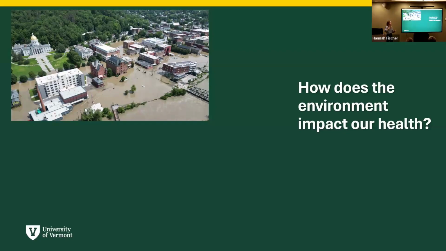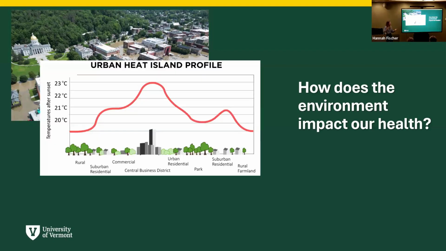Really briefly, thinking about how the environment around us actually impacts our health. We can have flooding, which can have direct impacts to property damage, roads, infrastructure, and water quality, right? So contamination of drinking water sources. We can also have urban heat island.